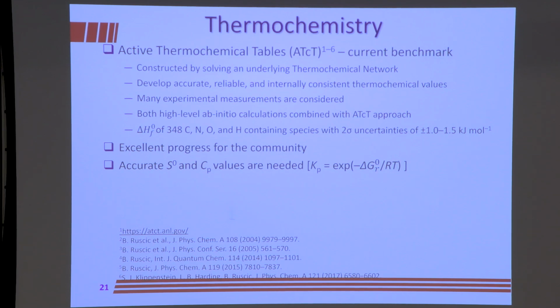So we need accurate entropy and heat capacity values so that we can get the Gibbs free energy and then the equilibrium constant. So we can get accurate rate constants at any temperature for combustion, okay?